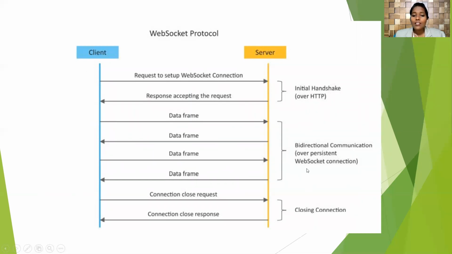It is bidirectional communication. The client can send, and the server can also send data, like chatting: we can give a message to our friend, and our friend can also give a message to us at the same time. When the communication is completed, we can request a close. A connection close request can be given.